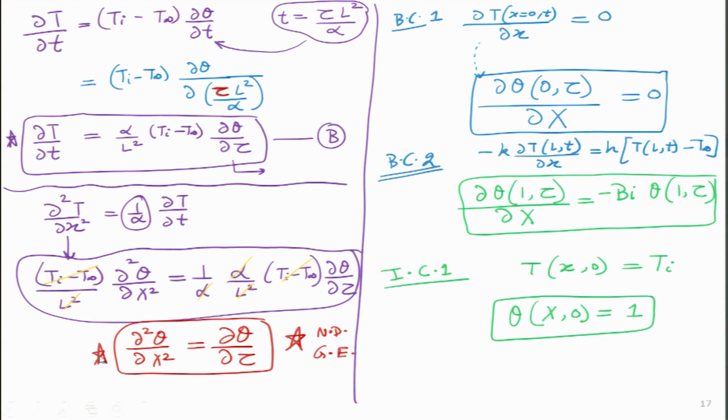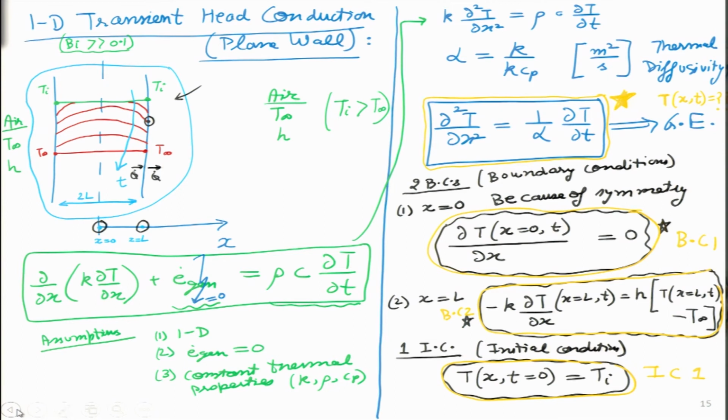Let me put a red star over here: these are the 4 non-dimensionalized equations that we wanted to use. Solving these will give us the solution to the actual one governing equation and the 3 conditions, that is 2 boundary conditions and 1 initial condition. Finally, by solving them we will get T as a function of x and t.